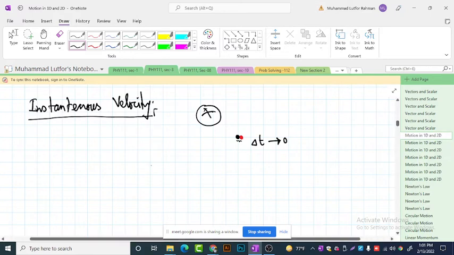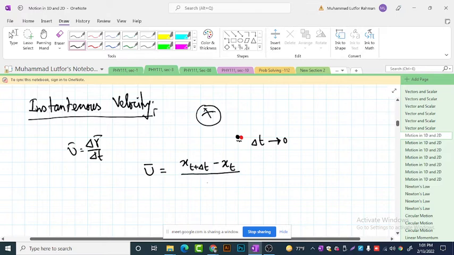Then we can define the velocity. Velocity is the rate of change of position, right? Del r over del t, that's the general definition. Its final point is x at t plus del t, the displacement of the particle at time t plus del t, minus its initial displacement, which starts from x at t. You understand what I am writing over here?